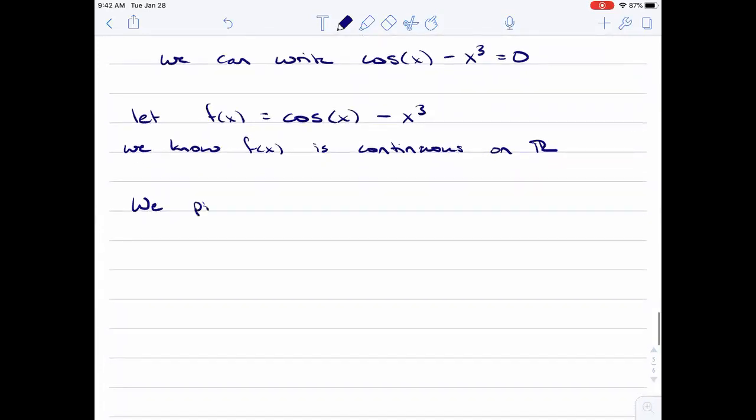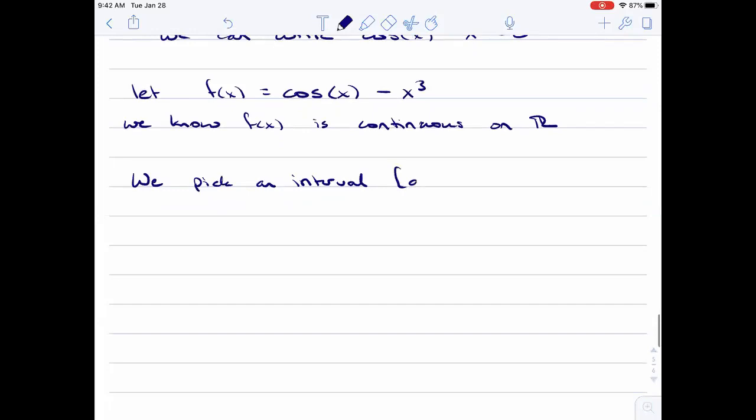So we pick an interval, any interval a, b, by trial and error, right? There's no science to this. We just start with numbers and pick our numbers, and usually we kind of work our way closer and closer if we're interested in the solution. Here we just want to find a solution, right?